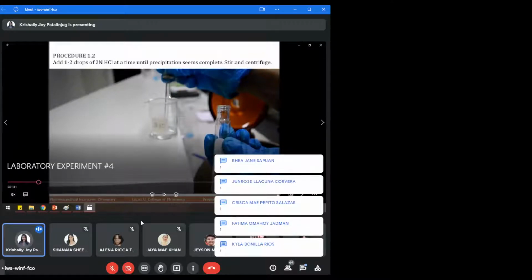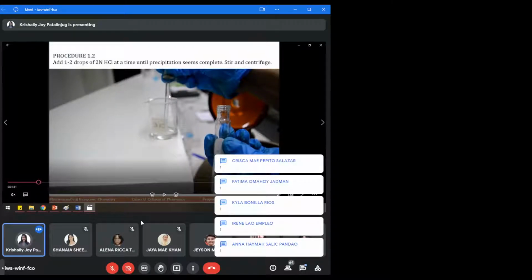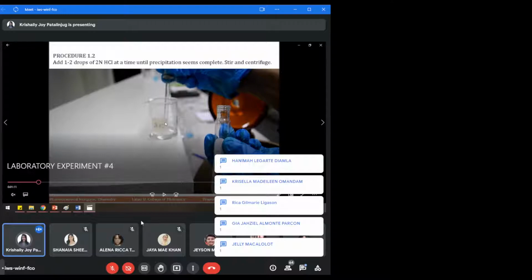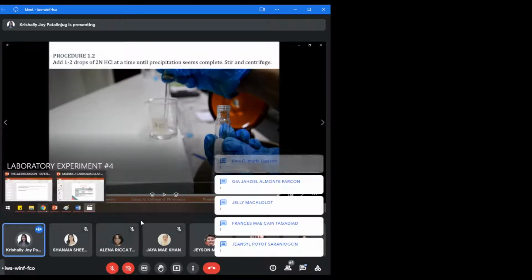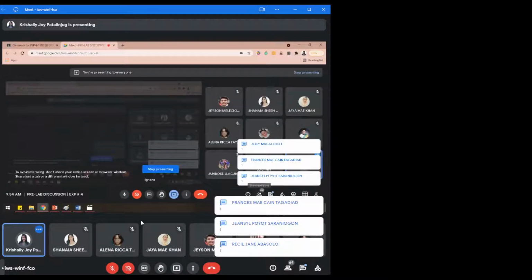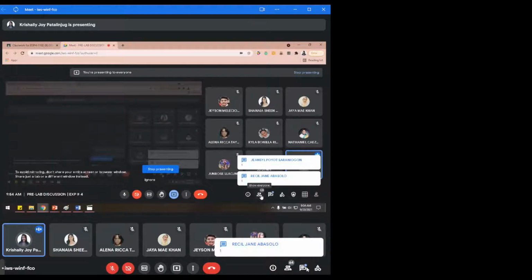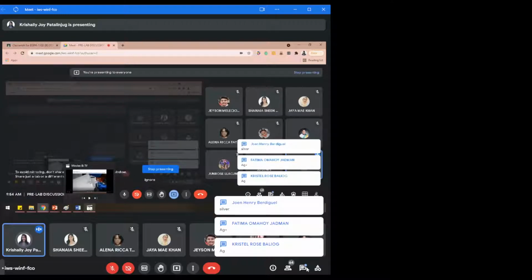So you know already, which of the 5 cations will precipitate out or separate out using HCl? Type in your answer. Which ion will precipitate out of the 5? Very good, the silver ion.